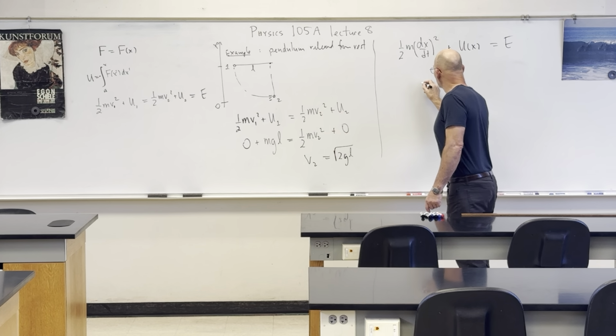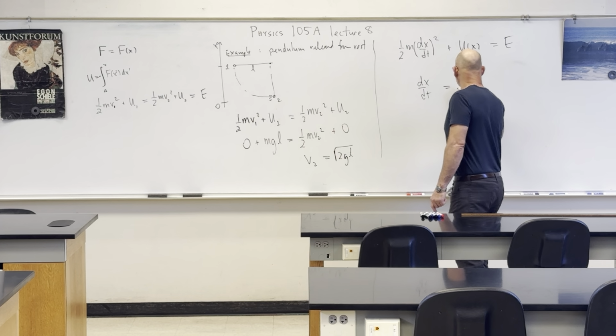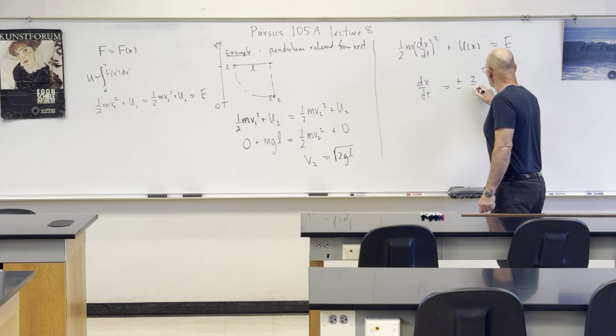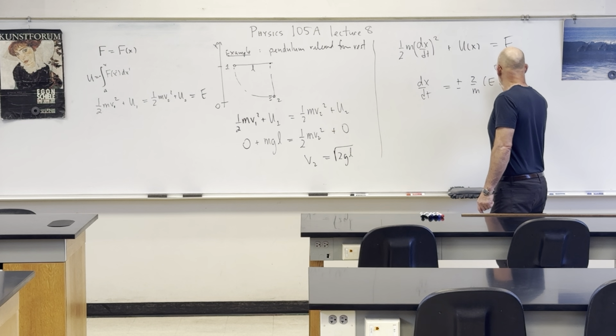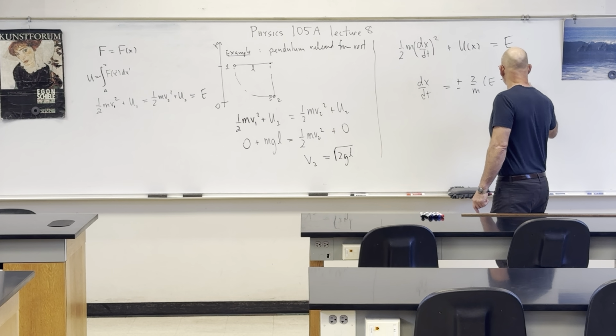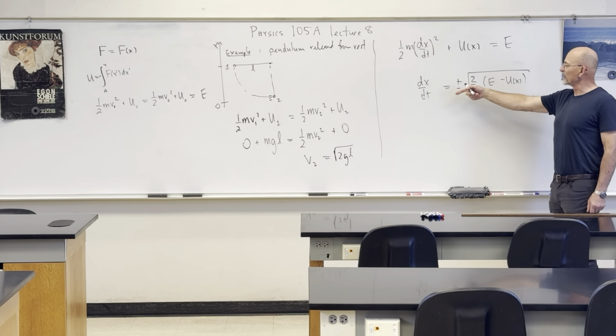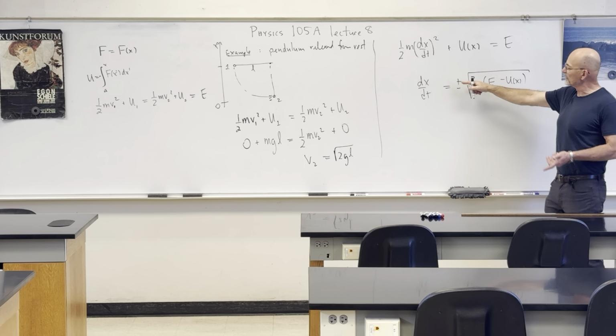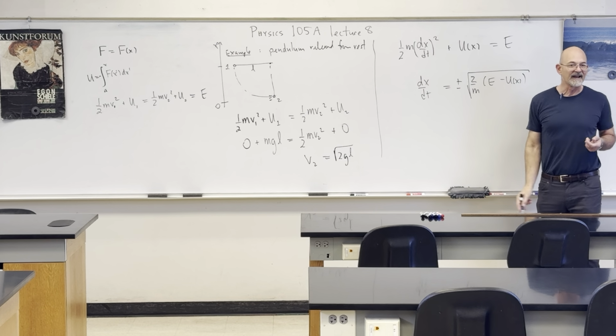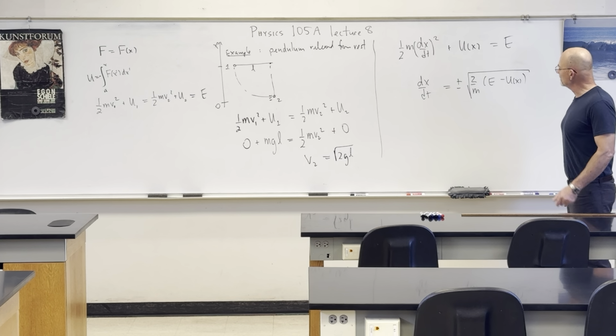What we ended up with was dx/dt equals plus or minus the square root of 2 over m times E minus U of x. We saw that the plus sign could be positive direction, minus sign, negative direction of motion.